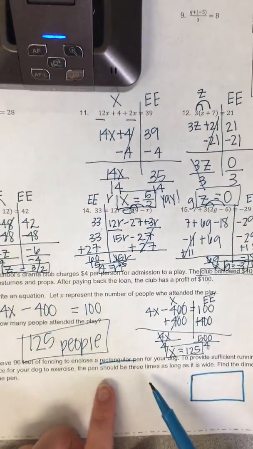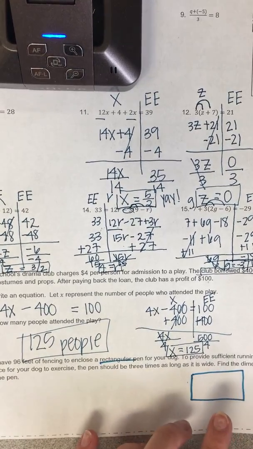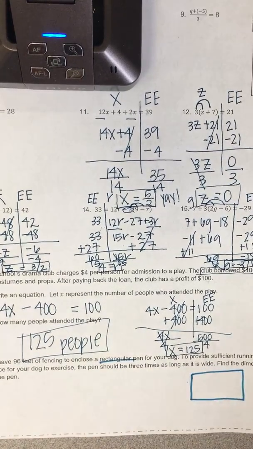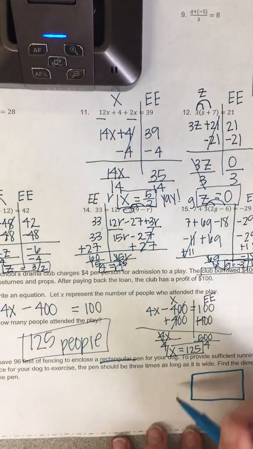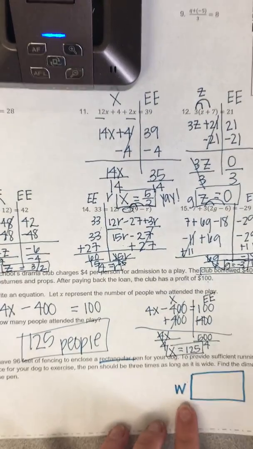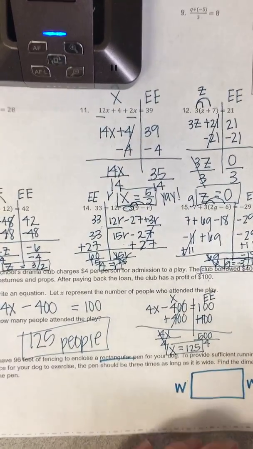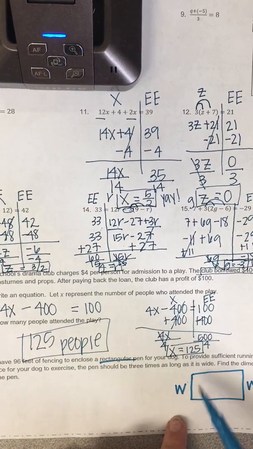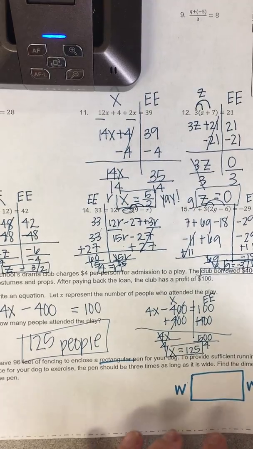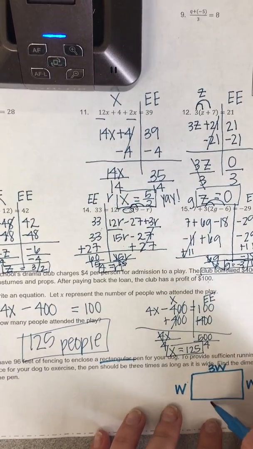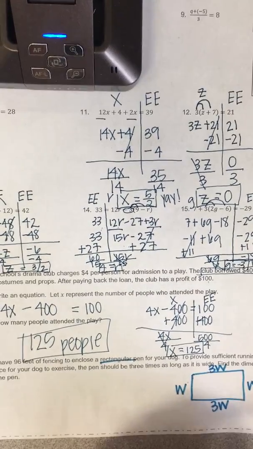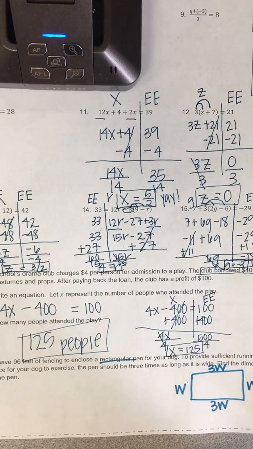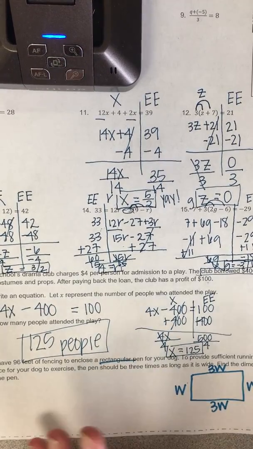And it says the pen should be 3 times as long as it is wide. So it never told me how wide it is. So I'm just going to name it W for wide. That's my variable. I don't know. And then the length, these sides, is 3 times this. So 3 times W, 3W. Right? So now I've got a picture of what it looks like.